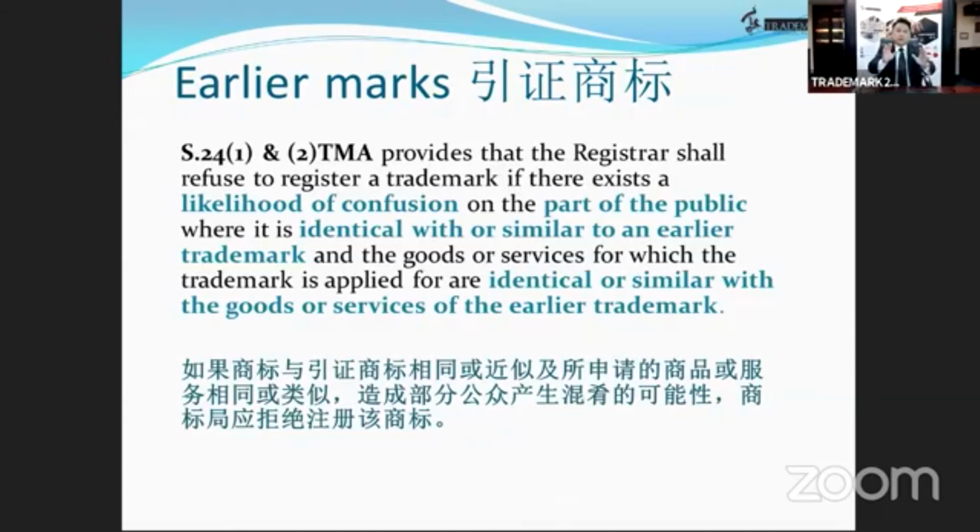I want you to focus on the words likelihood of confusion and goods and services, because under section 24 we are not just looking at similar or identical marks. We must also take into consideration factors like whether it is confusing, and of course the list of goods or services applicable to the mark.